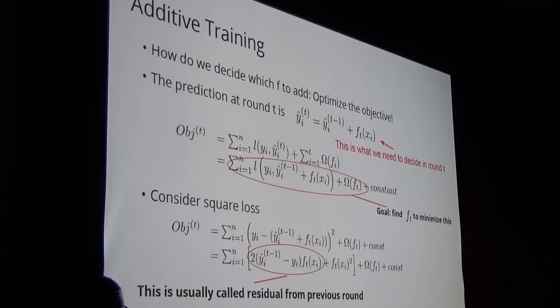This is by definition: you want to optimize your training loss plus a regularization term. And the second thing it says is that the prediction at round t equals the prediction at round t minus 1 plus this new function that you add. We want to find a function, or a tree, that minimizes these objectives.